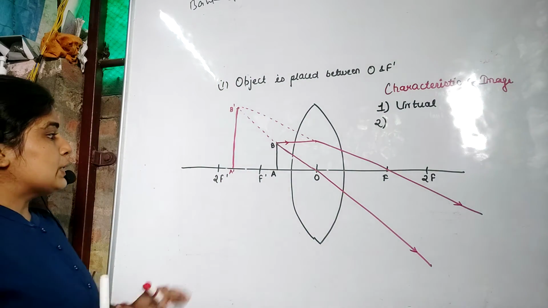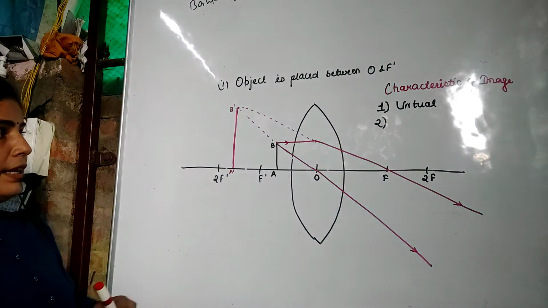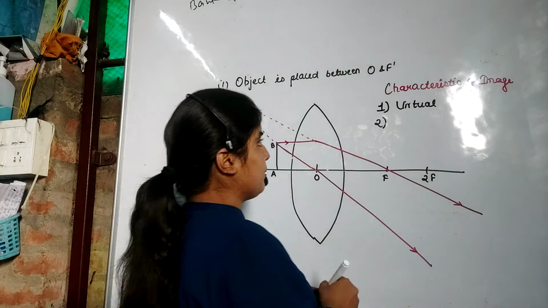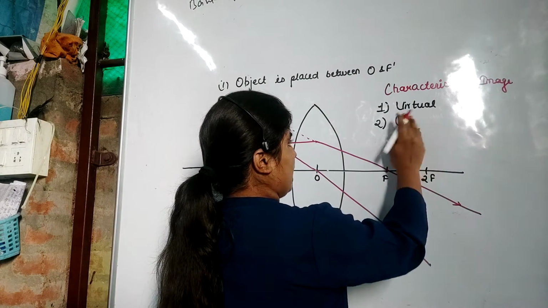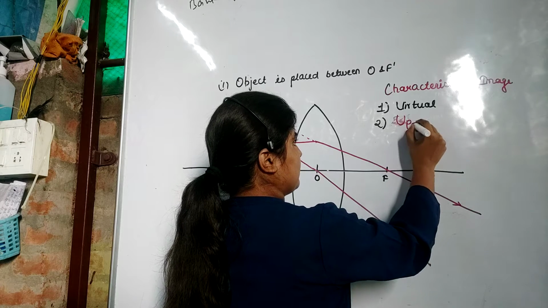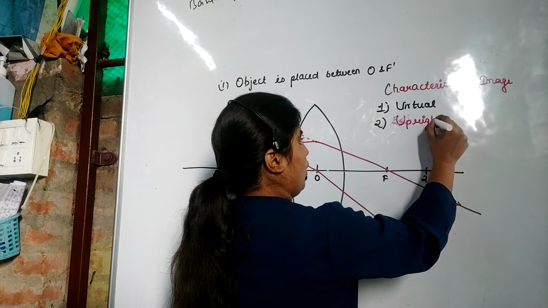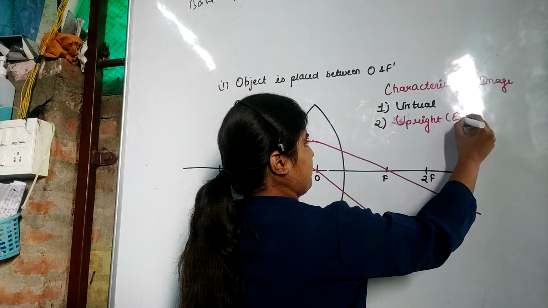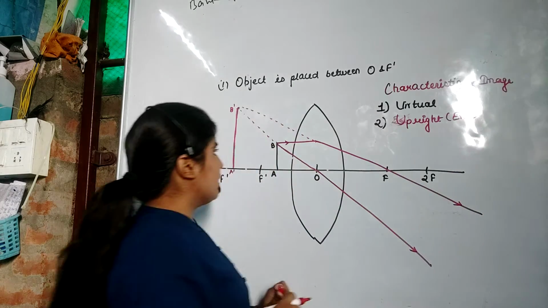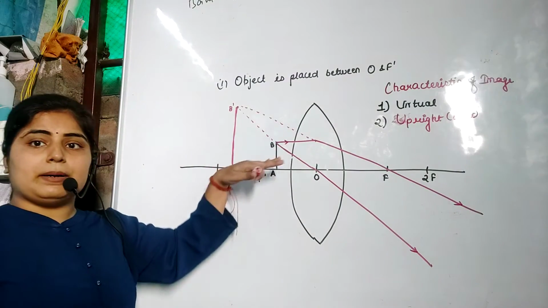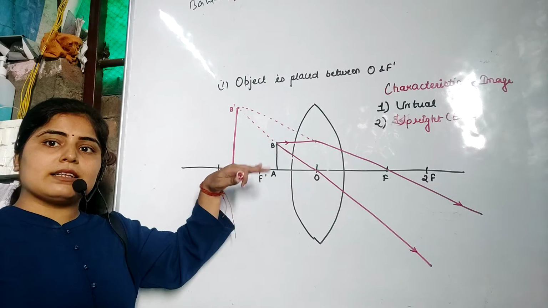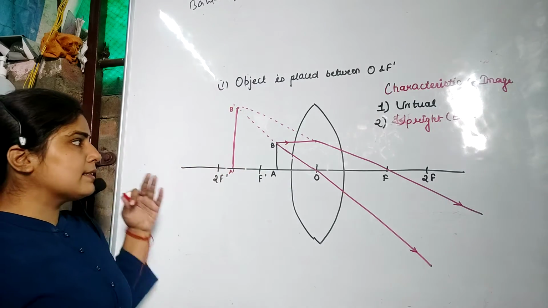Okay. So the image which is formed is virtual in nature and it is upright. Okay, why is it upright, or erect in nature? Because if the object is just placed above the principal axis, then the image is also formed above the principal axis.